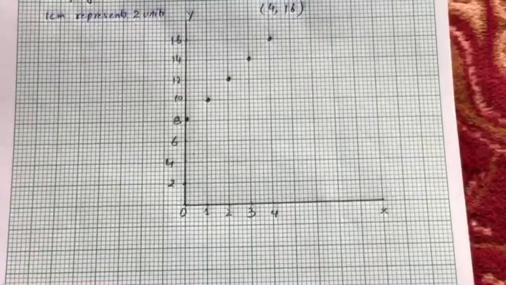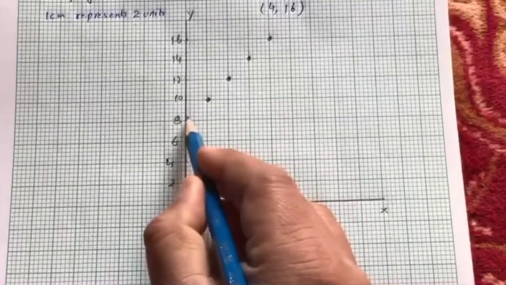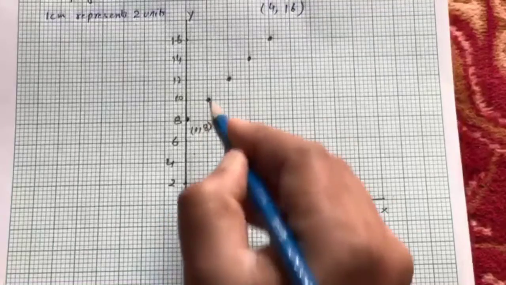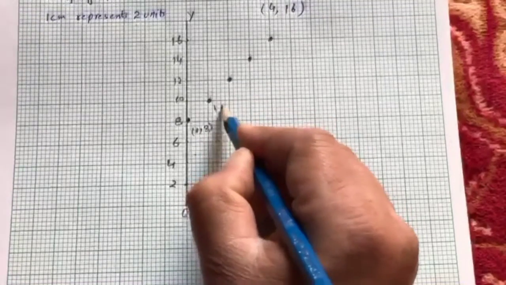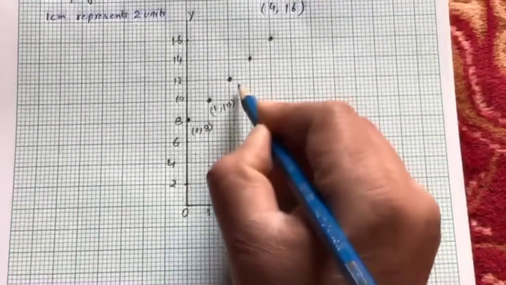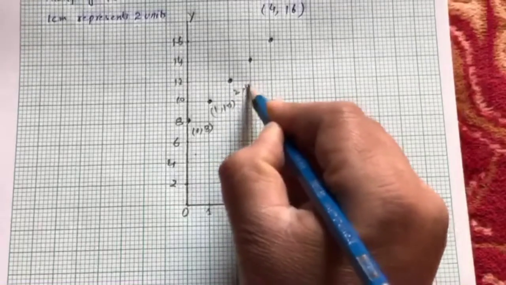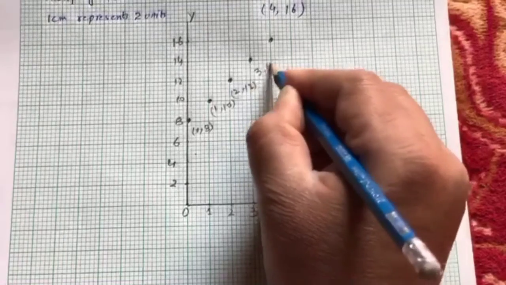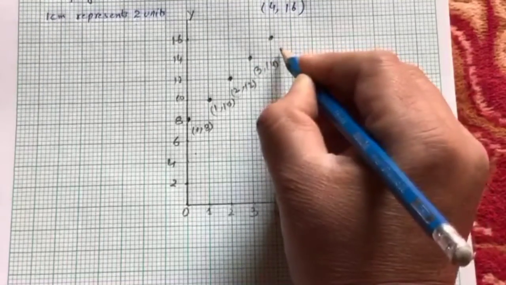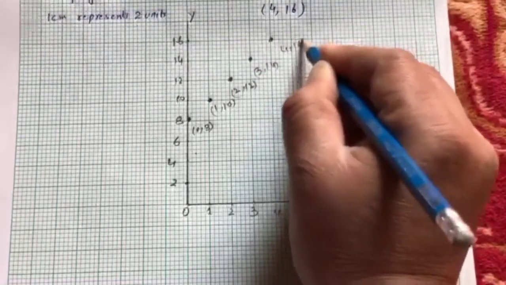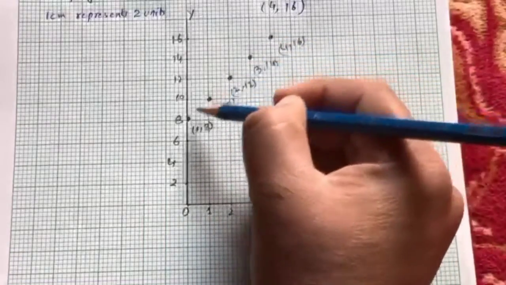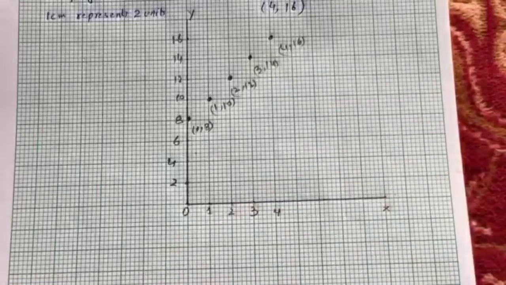So we place all these points. The first point is 0 and 8. Second is 1 and 10. Third is 2 and 12. The fourth is 3 and 14. And the fifth is 4 and 16. So these 1, 2, 3, 4, 5 points we have placed.